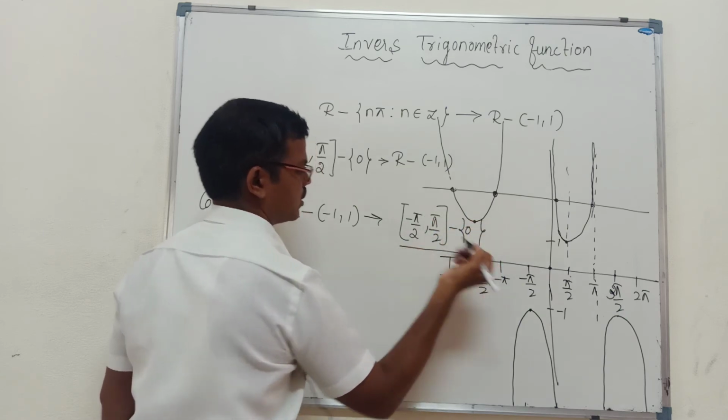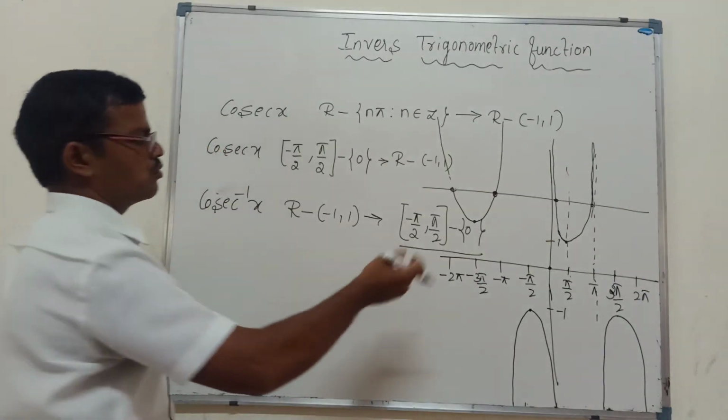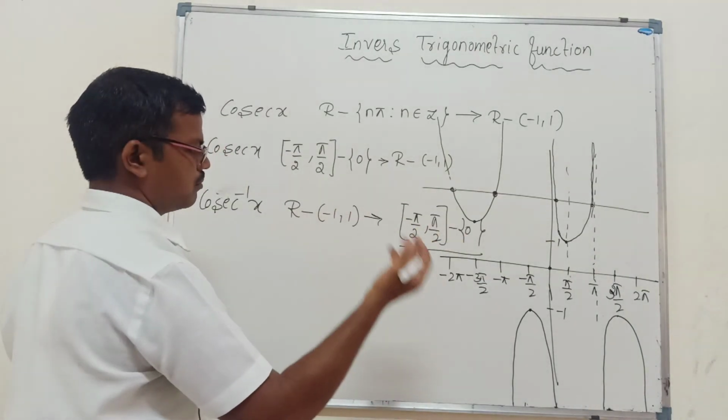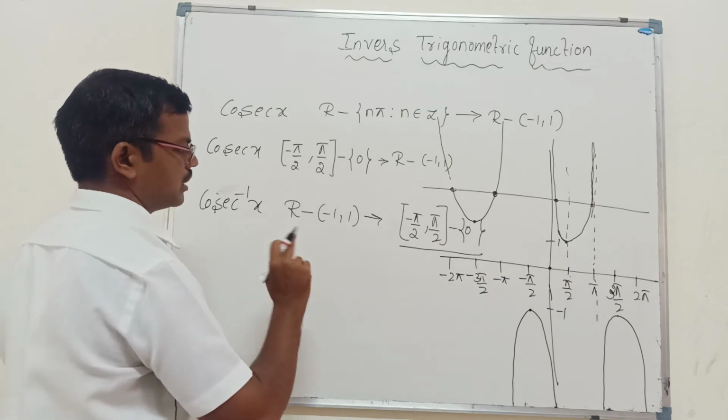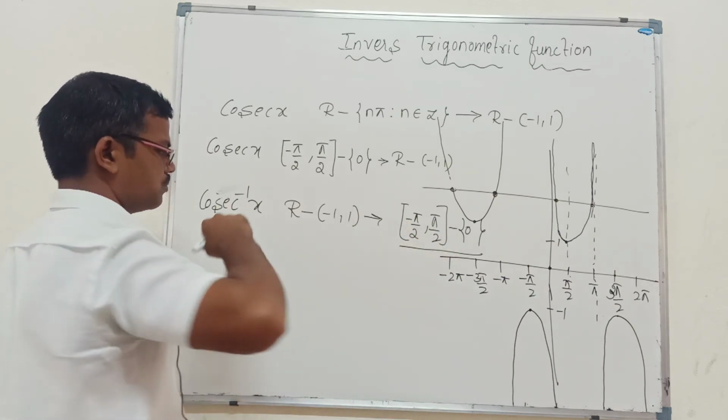So this is called the principal branch range. We have so many branches of the cosec, but in that we have selected this as the principal branch range.